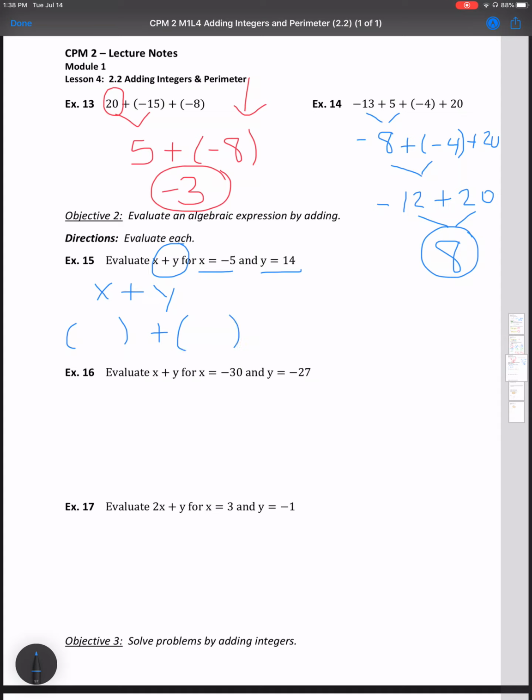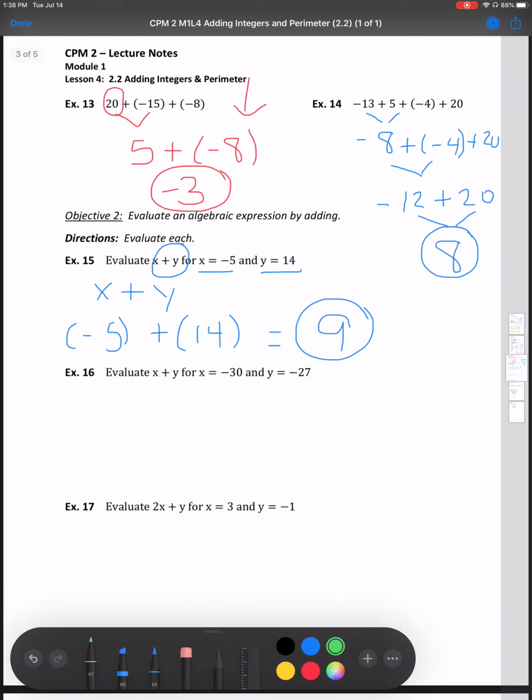You don't necessarily have to, but when problems become more difficult, it will make it easier to make sure you're doing the right steps in the right order. So instead of x, I'm plugging in a negative 5. Instead of y, I'm plugging in 14. And so negative 5 plus 14, same sign or different signs? Different. So subtract, keep the sign of the larger.